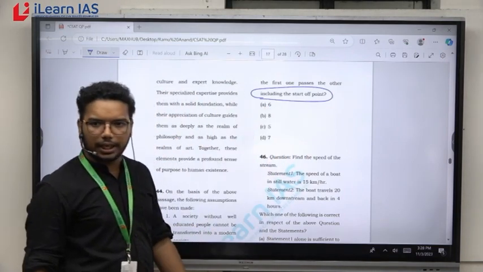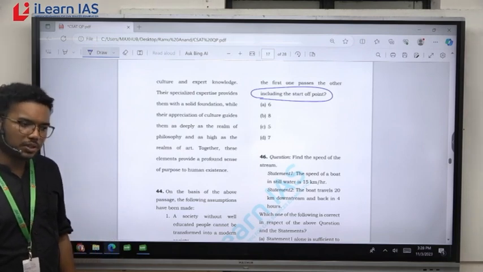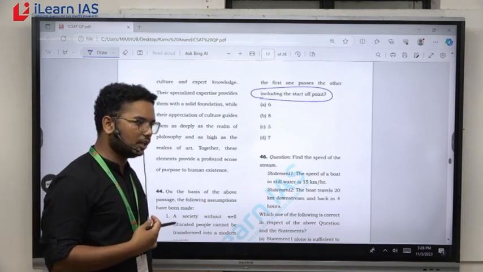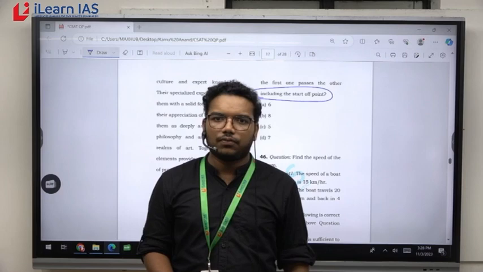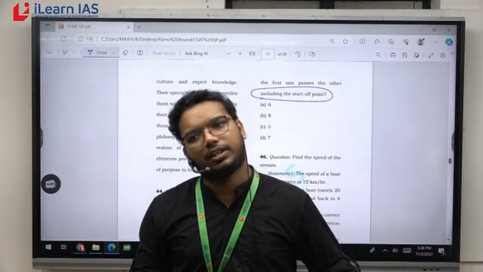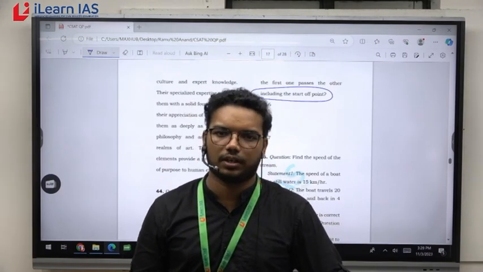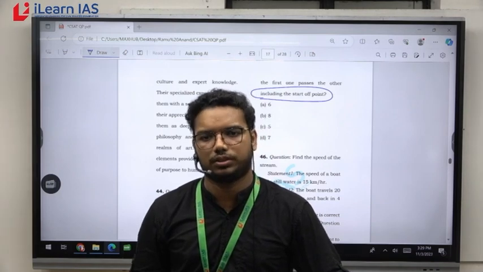The speed ratio is 3:2, which means if the faster one runs 3 rounds, the slower one will run only 2 rounds.